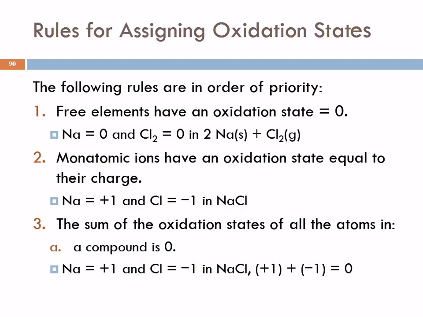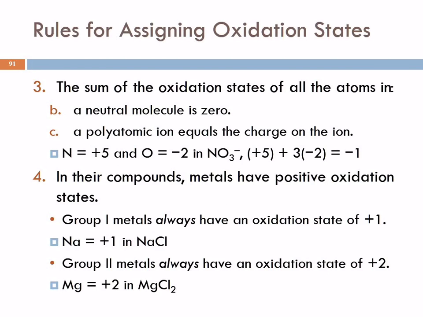So these rules are in your book, and they're posted on Blackboard, and you can go look at them on YouTube later as well. The sum of the oxidation states of the atoms in a neutral molecule is 0. That's kind of redundant with a, in a polyatomic ion, they add up to the charge on the ion.